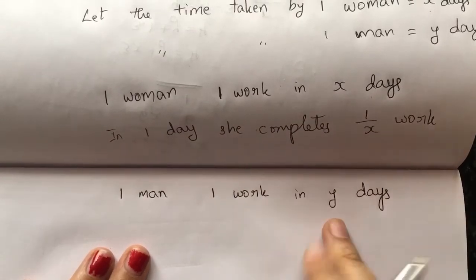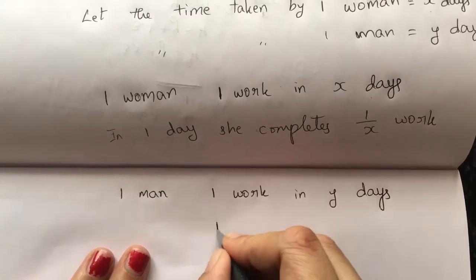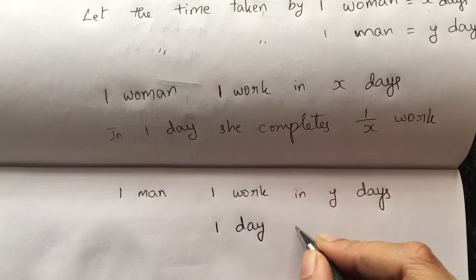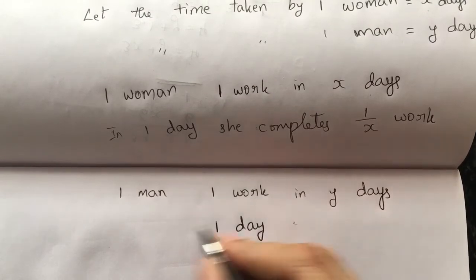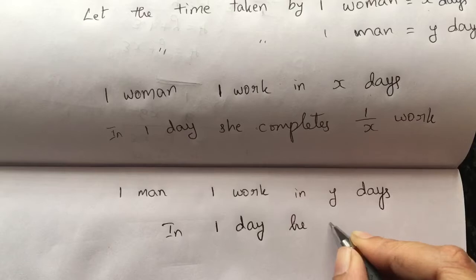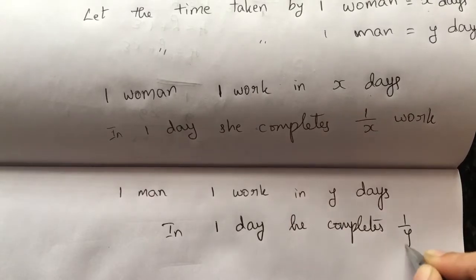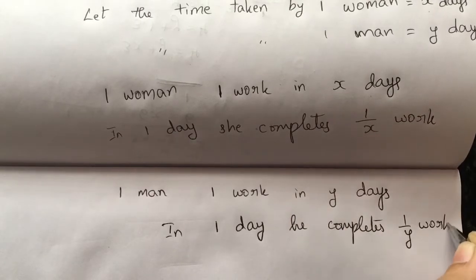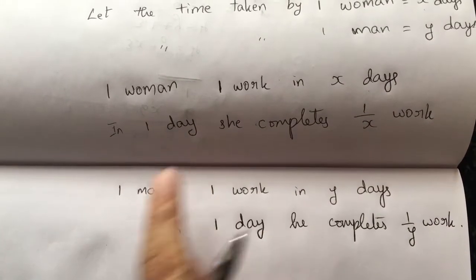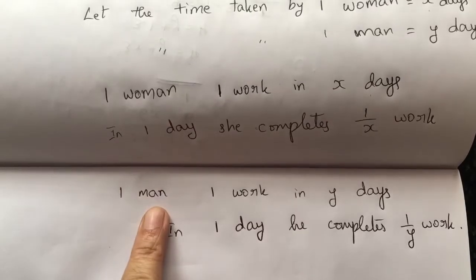This is what the variable we have assigned. So in one day, how much work he can do? He completes 1 by Y work in one day. Right. So this is all for one woman and one man.